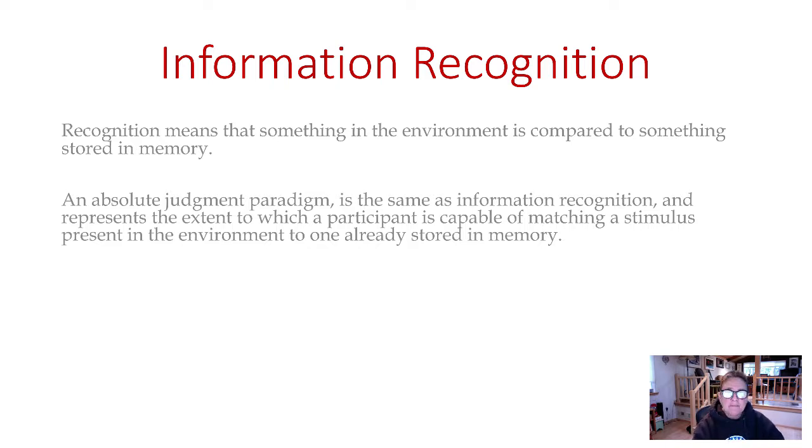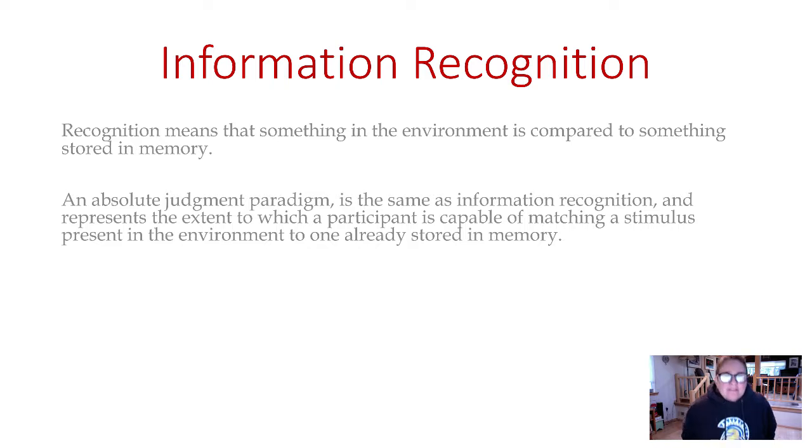So I want you to think back to our lab experiment when we used the Weber constants. When you had both constants, one in each hand, you were involved in an information comparison task. When you were given one of the constants and then you were given a trial weight after the constant was taken away, that was an information recognition task.